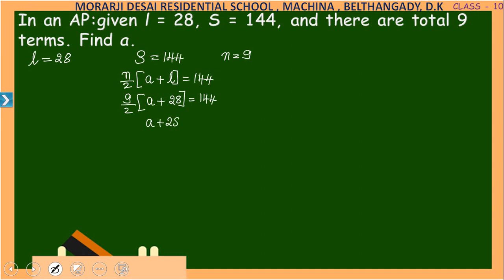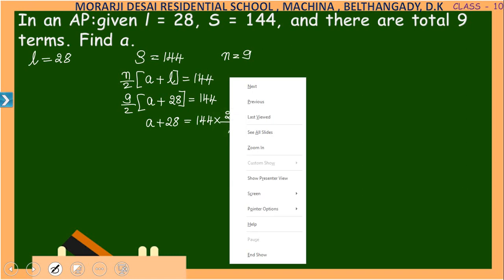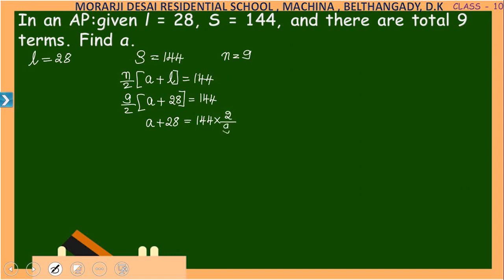So A plus 28 is equal to 144 into 2 divided by 9. 9 1s are 9, 9 6s are 54, 9 16s are 144. 16 2s are 32. So A is equal to 32 minus 28, that is A is equal to 4. Therefore value of A is 4.